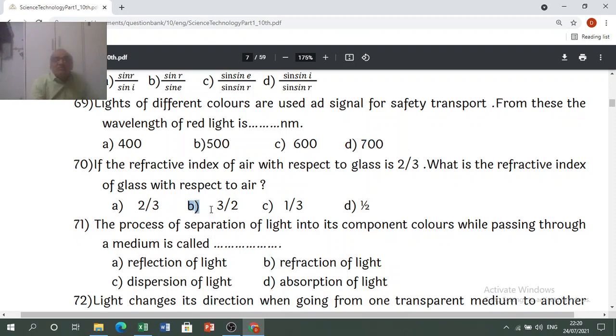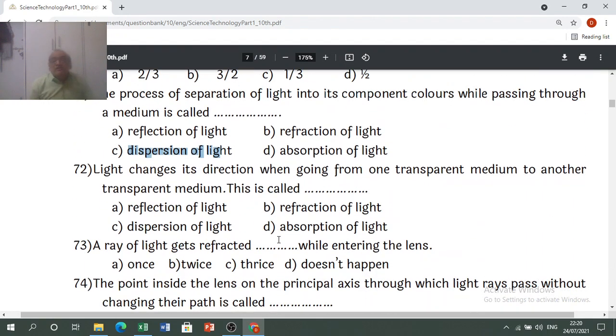Therefore, option is B. The process of separation of light into its component colors by passing through a medium is called the dispersion of light. Light changes its direction when going from one transparent medium to another transparent medium. This is called refraction of light.